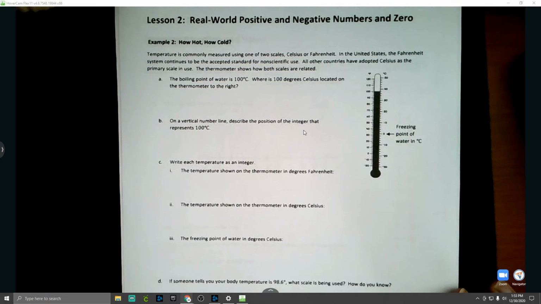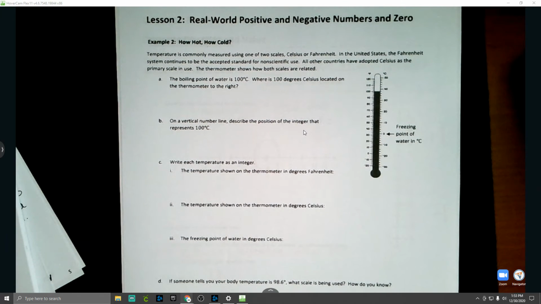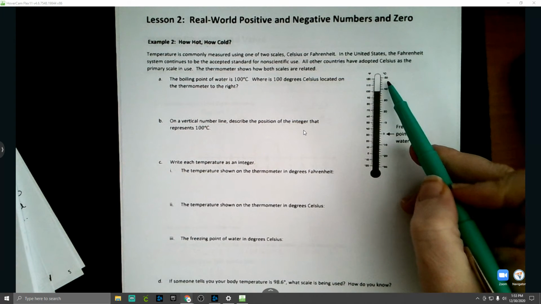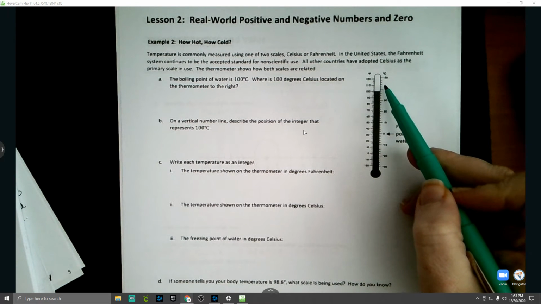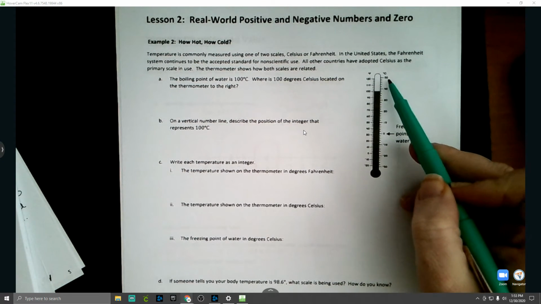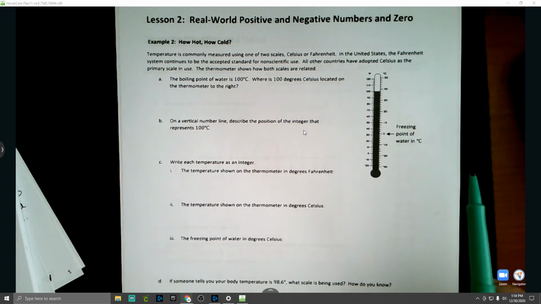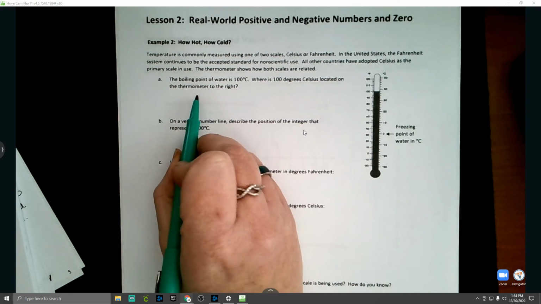All right, so it's talking about temperature of Celsius, Fahrenheit. It says the boiling point of water is 100 degrees Celsius. Where is 100 degrees Celsius located on the thermometer to the right? Well, when I look at Celsius over here, it only goes to 50. So it would be on the right side, but it's not showing on our temperature gauge here.